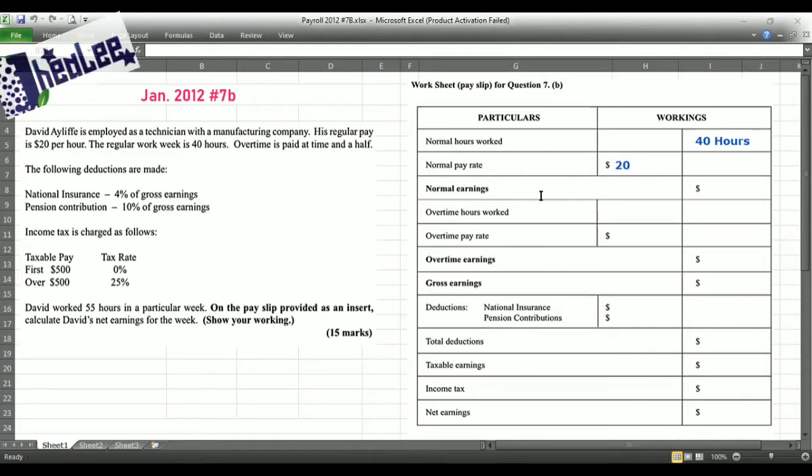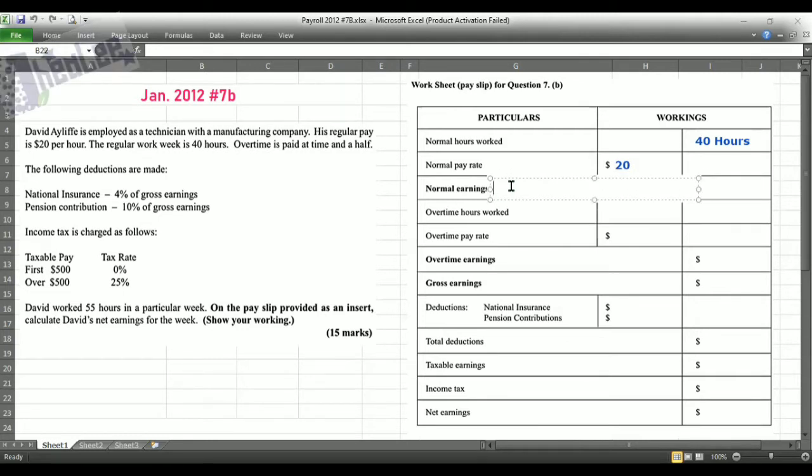Normal earnings. Normal earnings means what the employee received for the normal hours that he or she worked. And normal earnings is also referred to as basic earnings, and also basic pay or basic wage or basic salary. So the question may come using different terms.